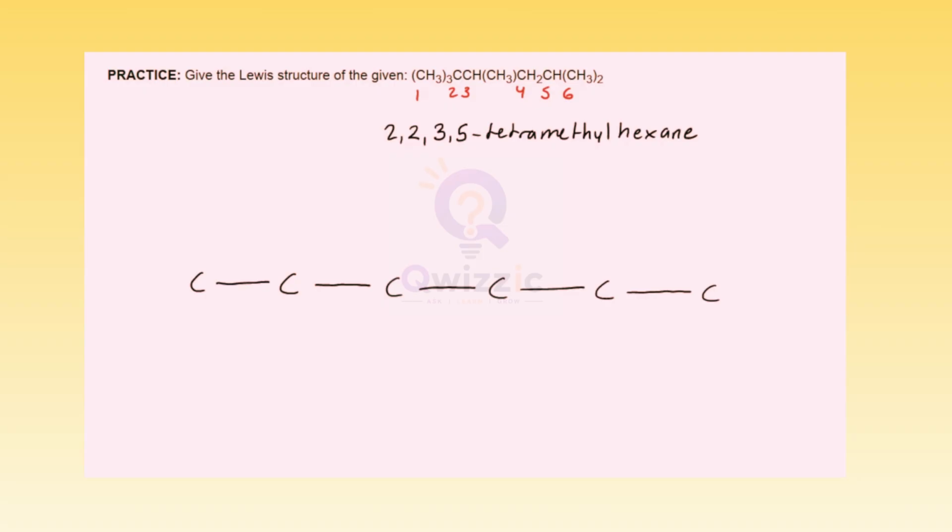So let's go ahead and add substituents. We have 2 methyl groups, that's 2 CH₃ groups, branching off of the second carbon in the parent chain. So that's 2 carbon atoms with 3 hydrogens bound to them.